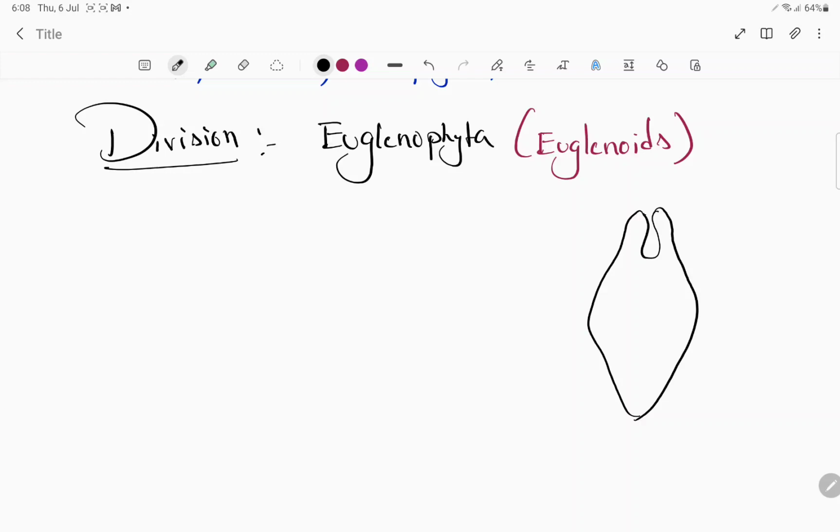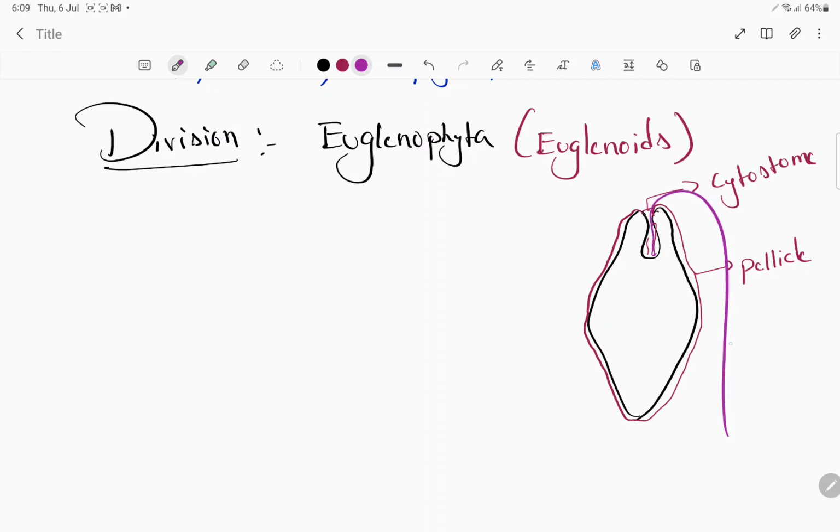You have a sheet outside. We call that sheet the pellicle. Cytostome. It has two flagella, one short and one long. Flagellum. So this opening is the cytostome and this is the cytopharynx.